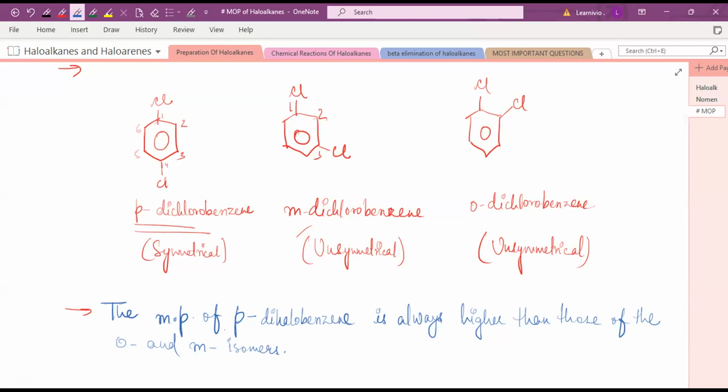If I give you three compounds, one is your para, second is your meta, and then your ortho, and I ask you which one has the highest melting point, just remember para dihalobenzene has the highest melting point among these.